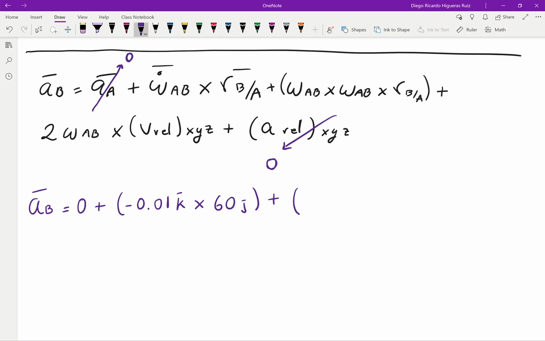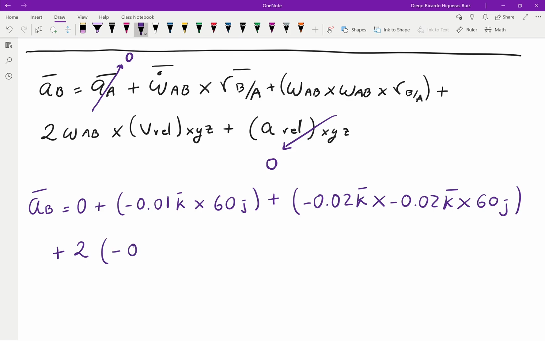Then we have omega_AB, minus 0.02 k, cross product with minus 0.02 k again, cross product 60 j. That's the normal component. Finally, we're going to add the Coriolis acceleration.